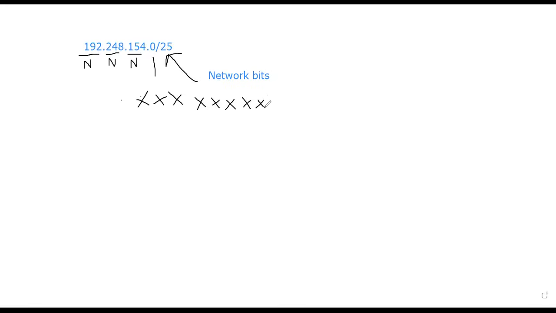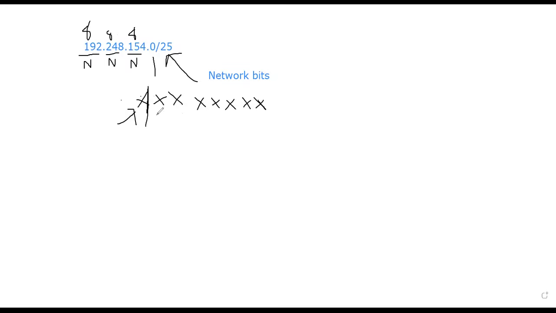Out of these 8 bits, only the first bit is allocated for the network. So when you get the summation, it's going to be 24, then the remaining is 1. That remaining bit is allocated to the network.